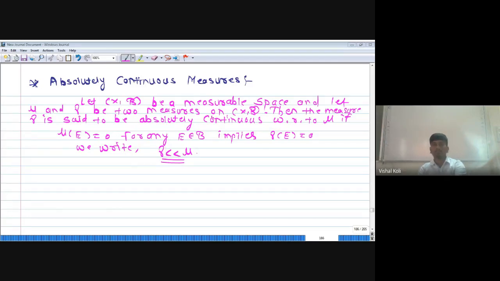That is, if these conditions hold, then we denote this by this symbol.